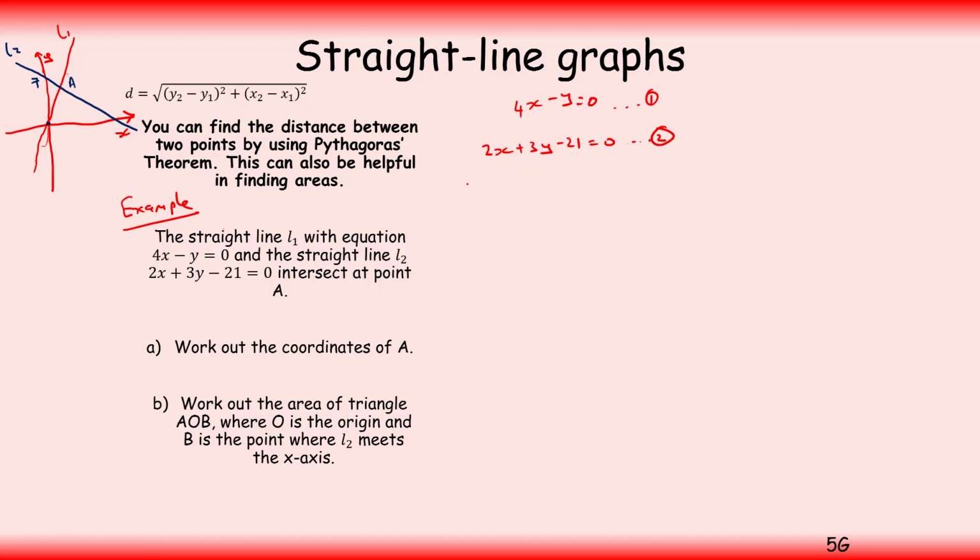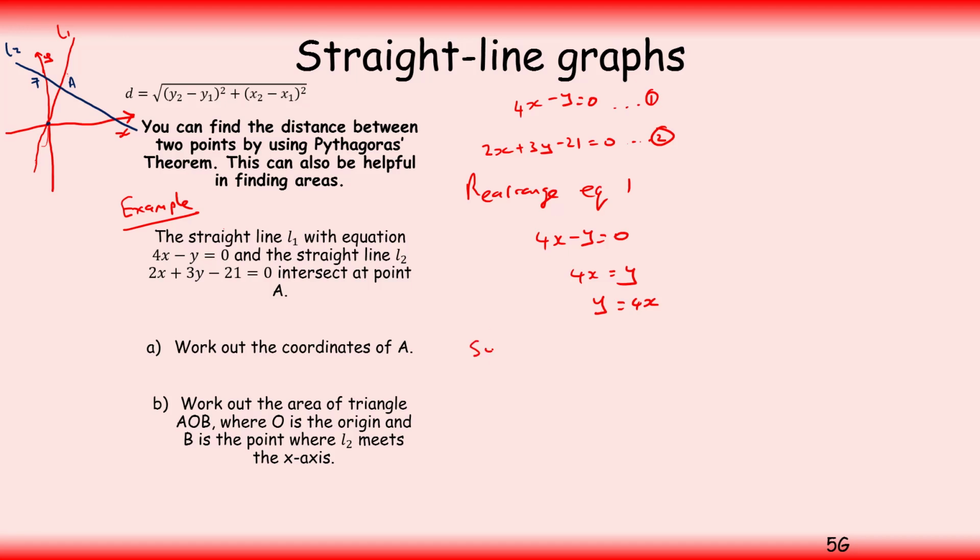So if I rearrange equation 1 first, I've got 4x minus y equals 0, or 4x is equal to y, because I've taken that minus y over the other side. I can write that as y is equal to 4x. So I can now take this and sub for y in equation 2.